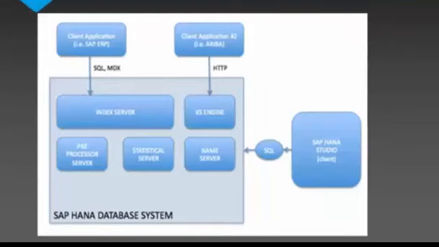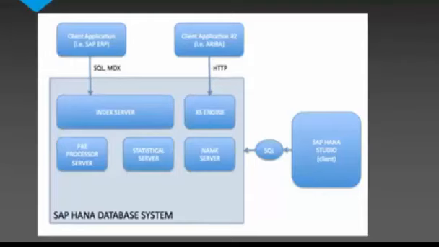Next we have the index server. This is the most important server. It holds the actual data and the engines for processing the data. When SQL or MDX is fired against the SAP HANA system, in the case of authenticated sessions and transactions, the index server takes care of these commands and processes them.